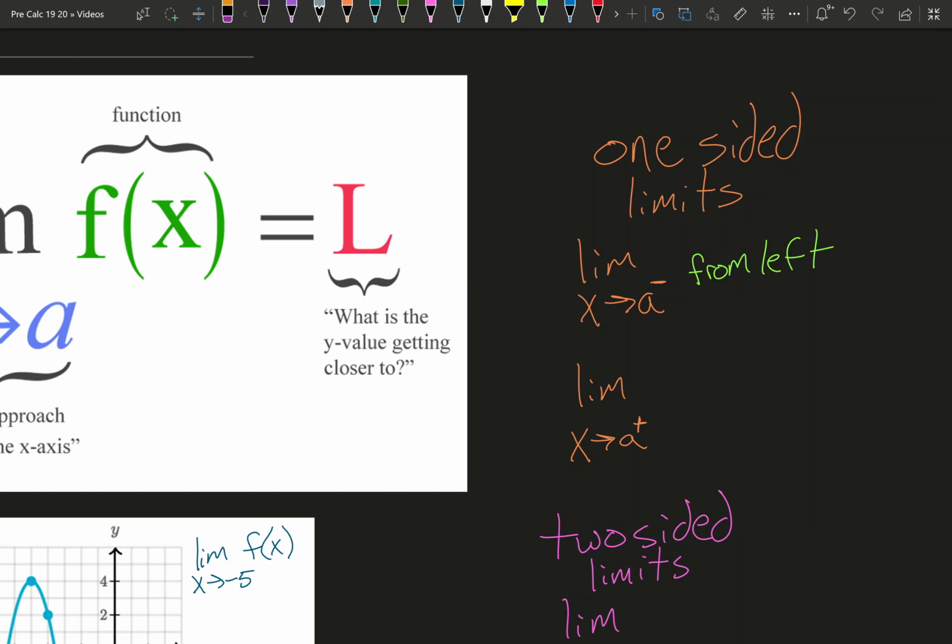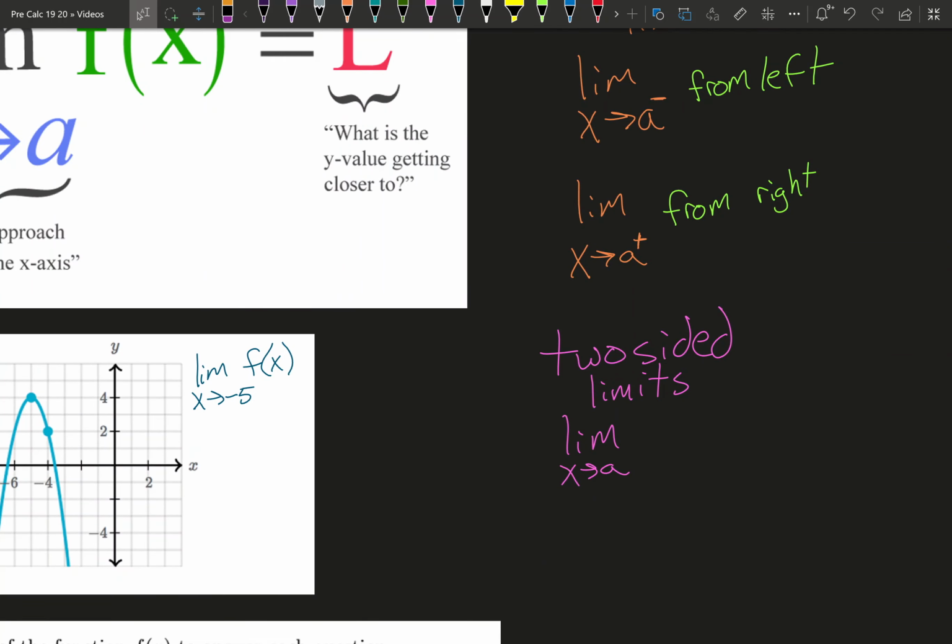That means that our one-sided limit here, where x approaches a with a little positive in the exponent, is going to be from the right. Sometimes our one-sided limits as x approaches a value are going to be equal from the left and from the right. Sometimes they will not be. And we'll look at the different cases in a minute.